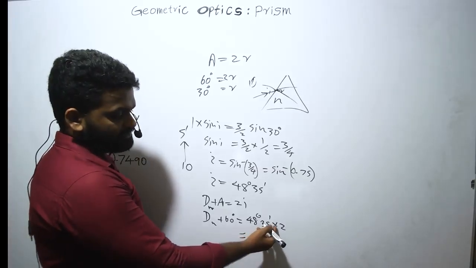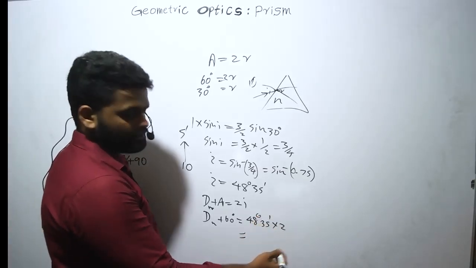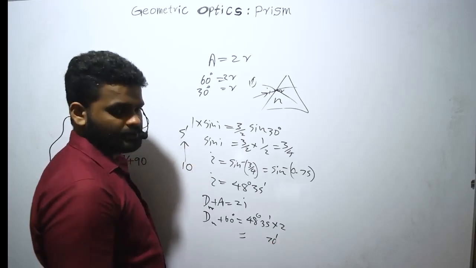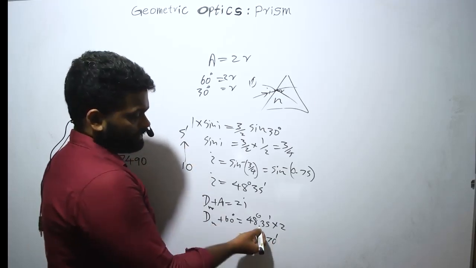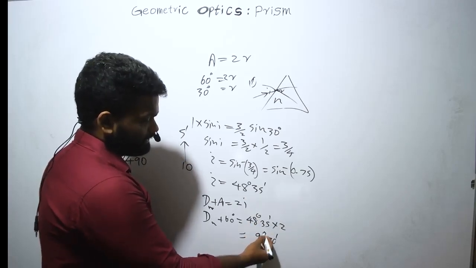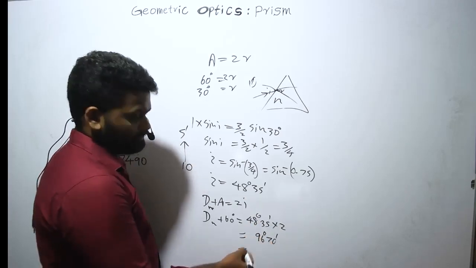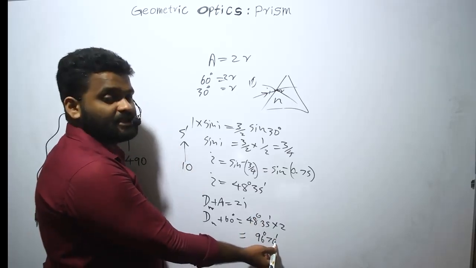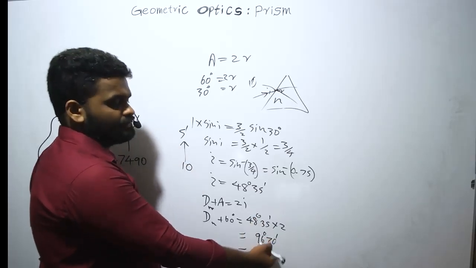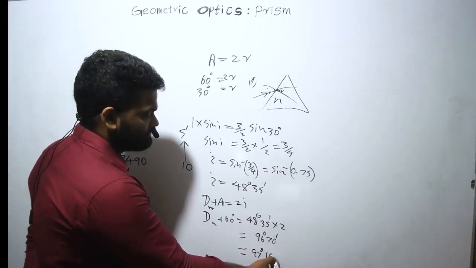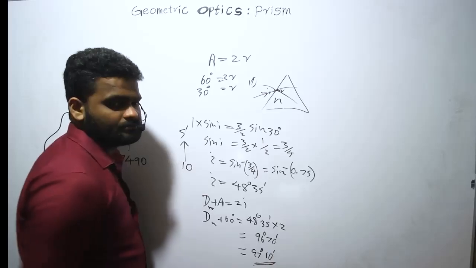So 35 minutes times 2 means 70, right? I'll just put 70 minutes for now. 48 times 2 is 96. 96 degrees. But when you are writing the answer, you can get 60 minutes, which is 1 degree, so it's going to be 97 degrees, 10 minutes is remaining.